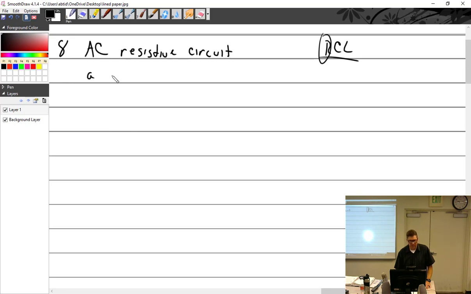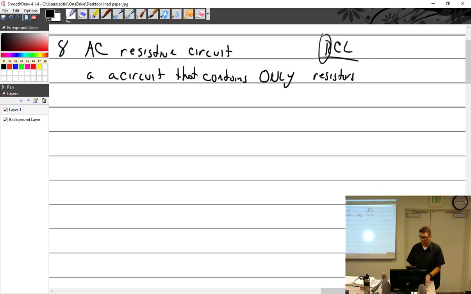This is a circuit that contains only resistors. In other words, it's got no coils, no capacitors.